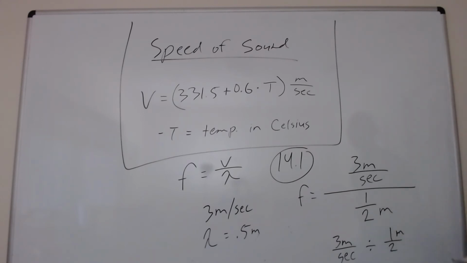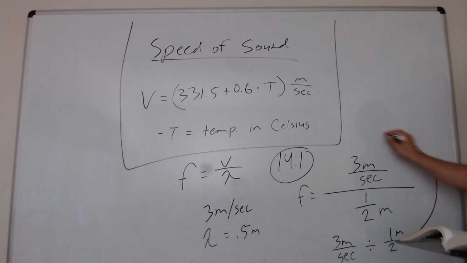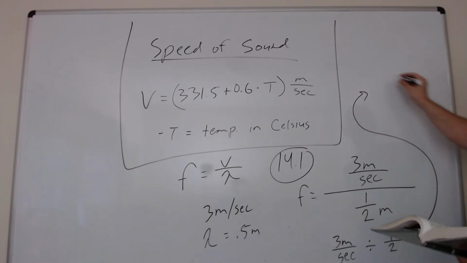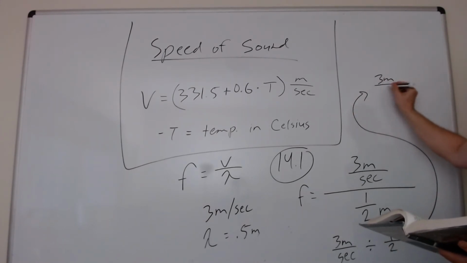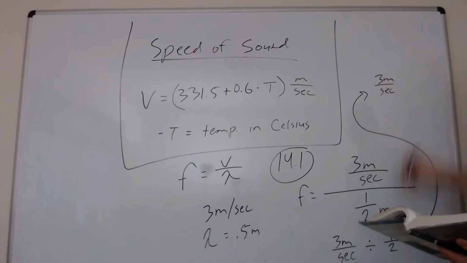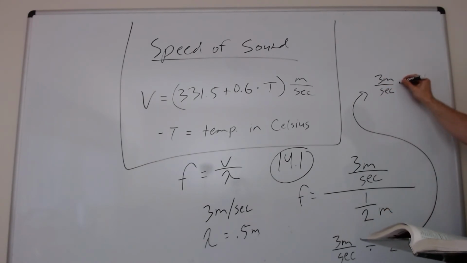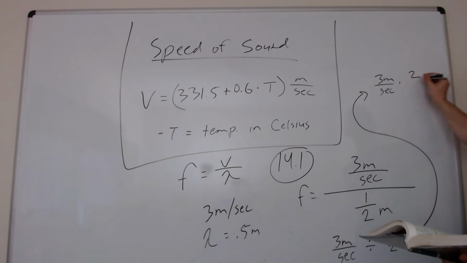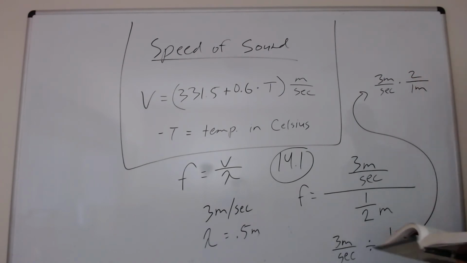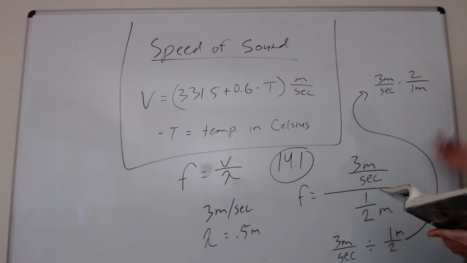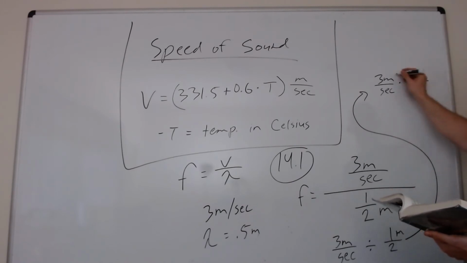So now when you divide by a fraction, what are you actually doing? You are multiplying by the reciprocal. I ran out of space down here, so I'm going to move it up here. Rewrite it. So 3 meters over seconds. And instead of divided by 1 meter over 2, I'm going to say times 2 over 1 meter, because I'm multiplying by the reciprocal. Do what you do normally, cancel units.